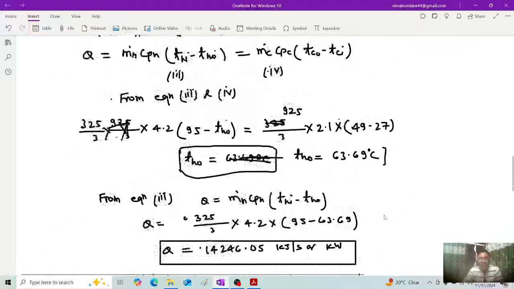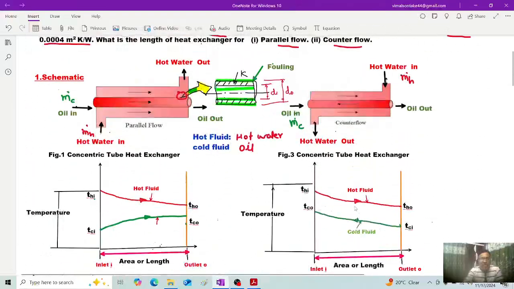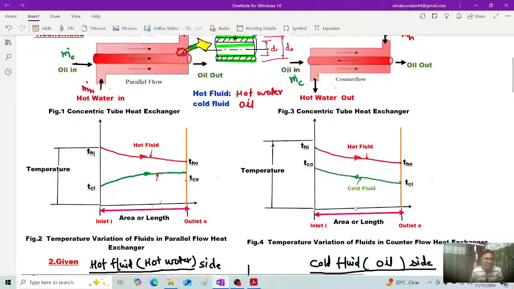Let us have clarity of what is delta Ti, delta To in case of parallel flow heat exchanger. This will be delta Ti, that is Thi minus Tci, and this will be delta To, Tho minus Tco.